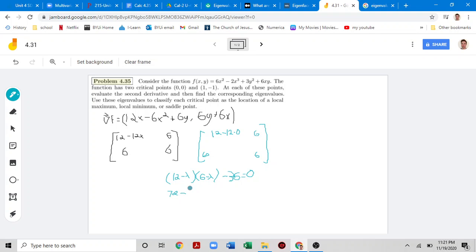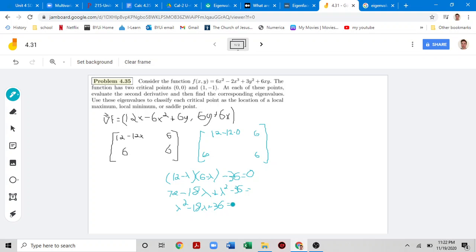And I end up with minus 18 lambda plus lambda squared. Then we got 36 out there, so minus 36. So it's going to turn out to lambda squared minus 18 lambda, and then 72 minus 36 equals positive 36.